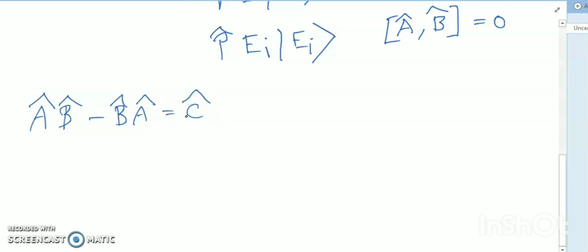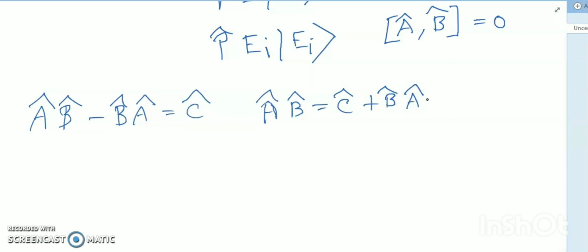One of the terms on the right hand side, we see that we can flip the product so long as we also add the commutator C. So we get A cap B cap is equal to C cap plus B cap A cap. Oftentimes the operator C is simple. For example, it might be proportional to the identity. So it's worth flipping A and B.